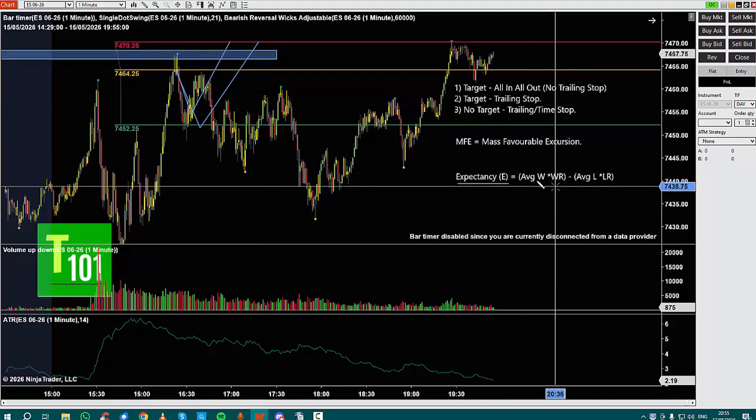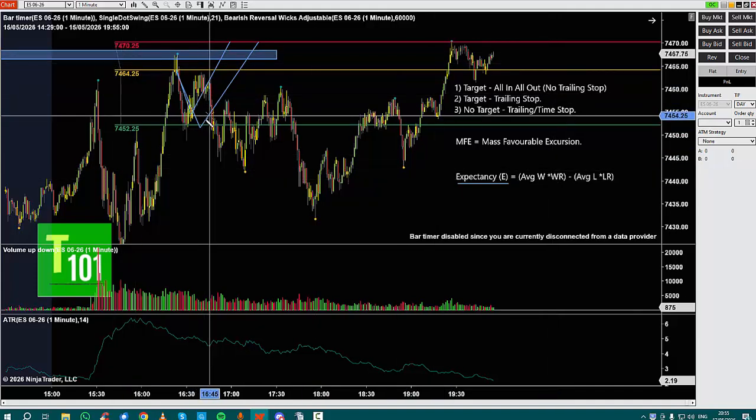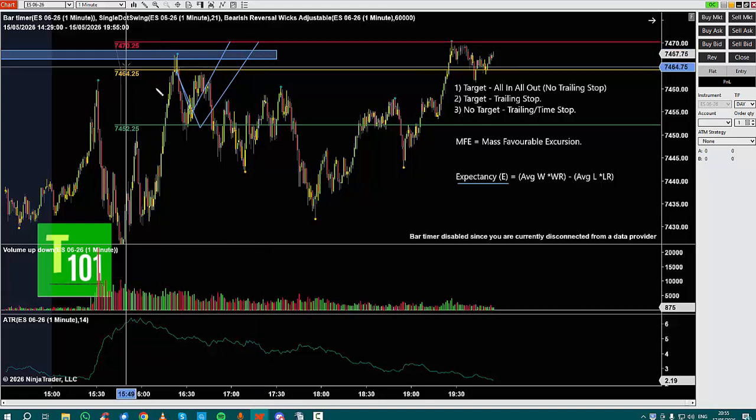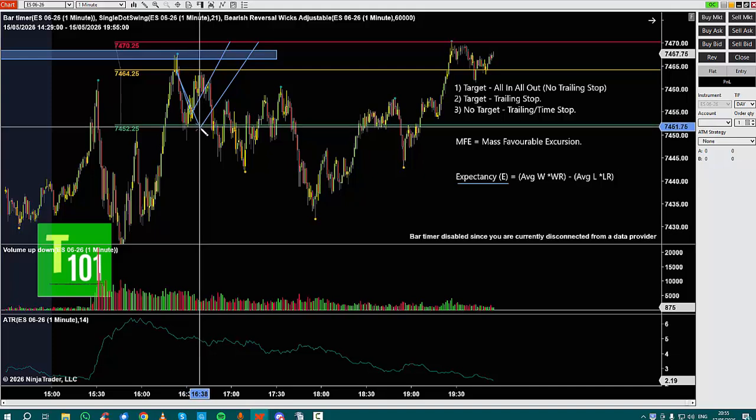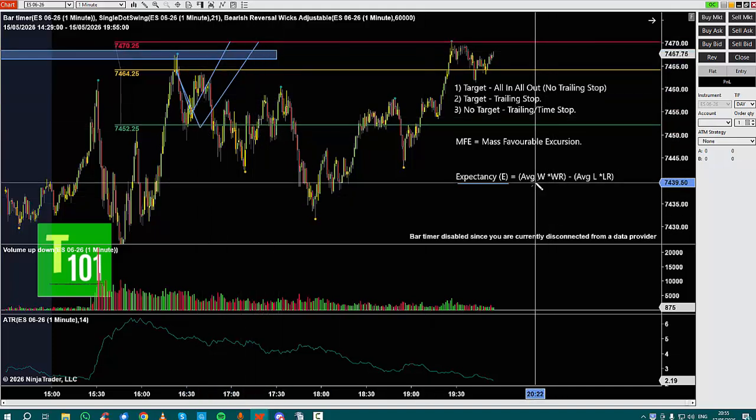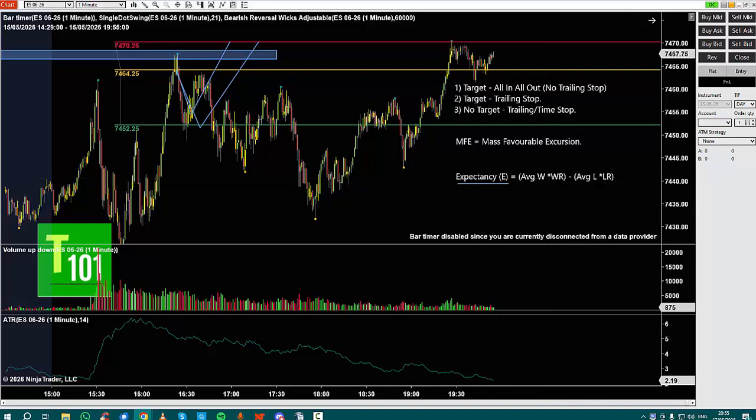Let's plug those numbers in here. 2 times 0.3, because 30% get to the target before coming back to the stop. 2 times 0.3 is 0.6, minus the loss rate, 0.7 times the 1. That means minus 0.7. And the result is minus 0.1.